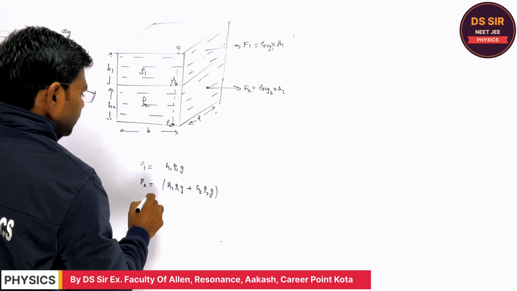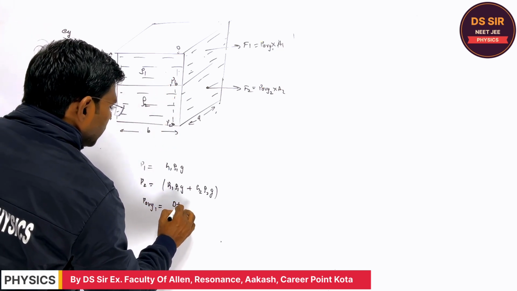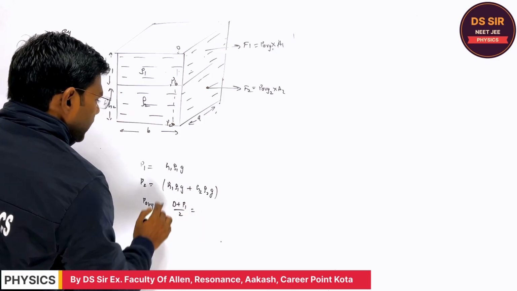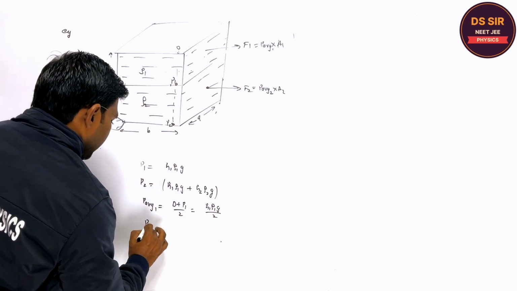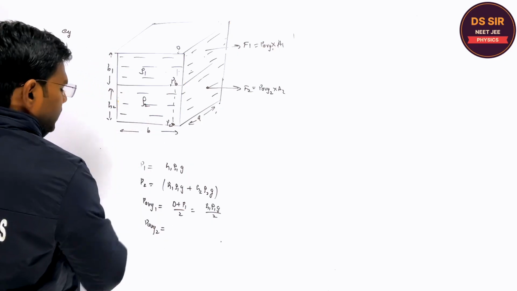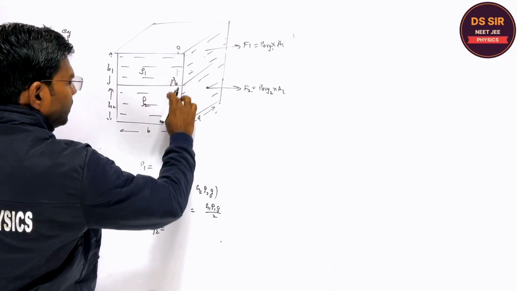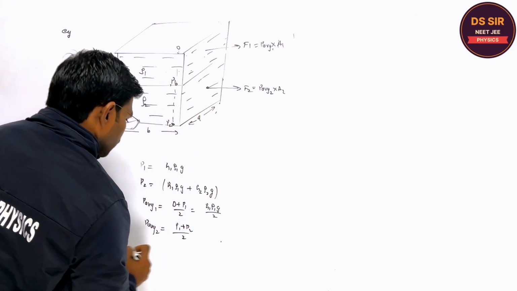And for this average pressure, P average 1 is equal to what? 0 plus P1 by 2. And what is the P1? Say H1 rho 1 g by 2. And the average pressure 2, right, at this point is P1 plus P2 by 2.